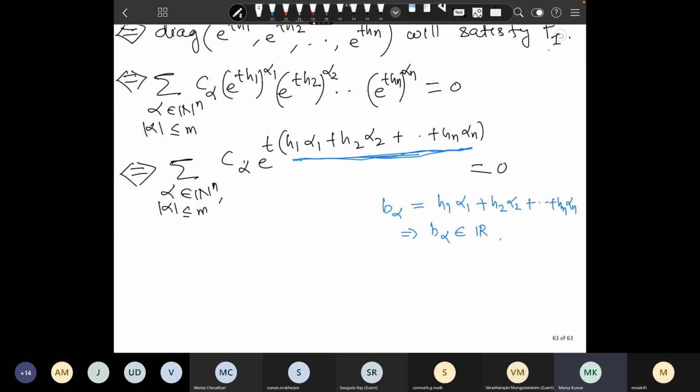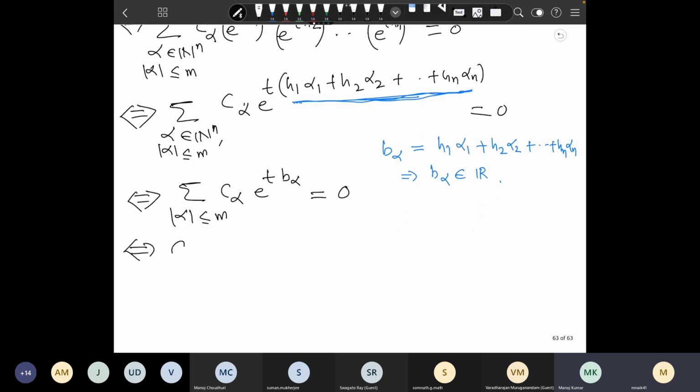So the sum over alpha belonging to N to the n, with mod alpha less than m, of C alpha e to the power t B alpha is equal to 0.